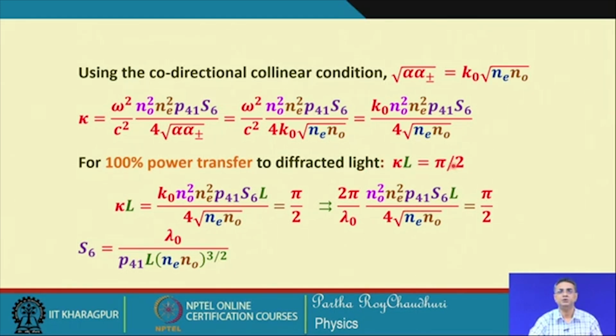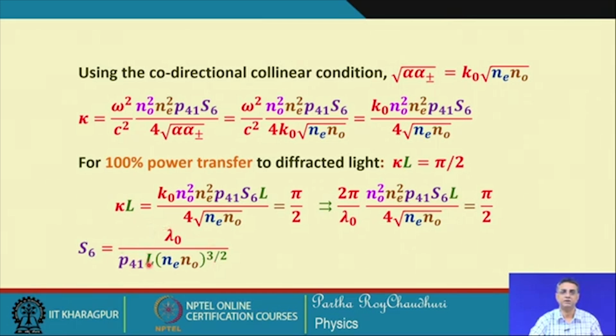So, if we use this condition, then because this is equal to pi by 2, pi cancels, and then you end up with this expression for S6, which is equal to lambda 0 by this quantity. And you see, all the quantities are known.